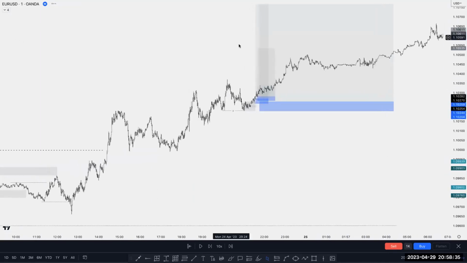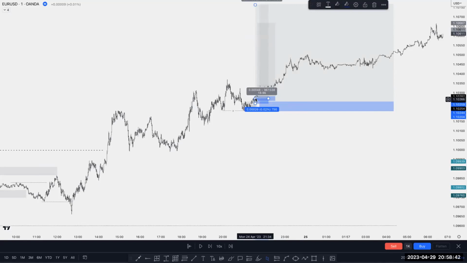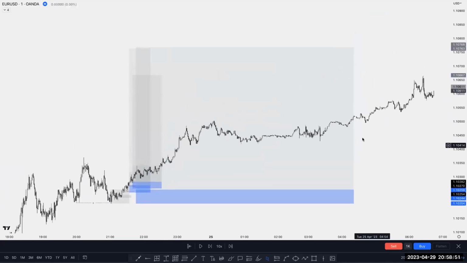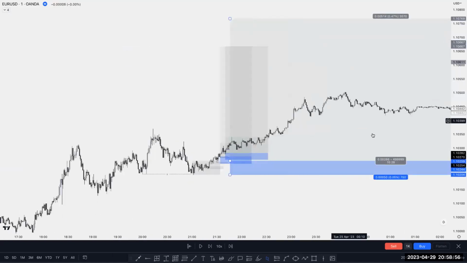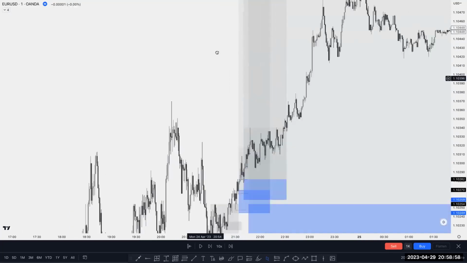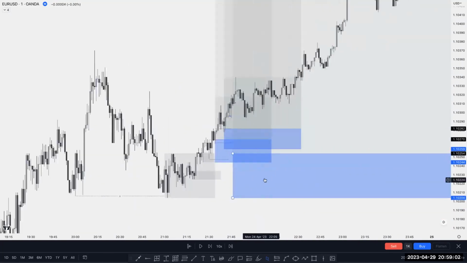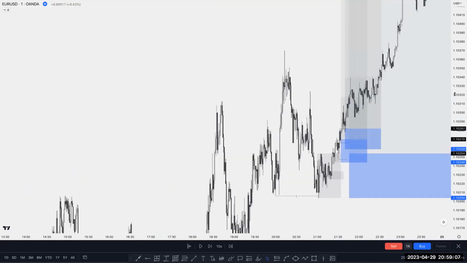And this is happening here, and the previous entry was here. So these two entries were valid here for the buy. The 2, 3, 4 entries are valid here for buy when the market sweeps the inducement.